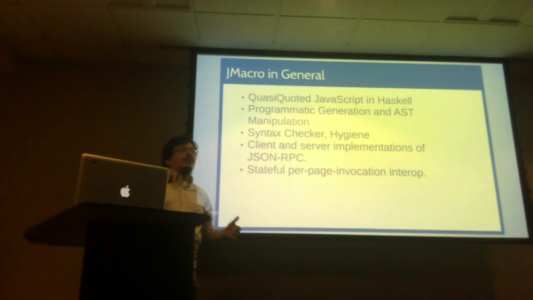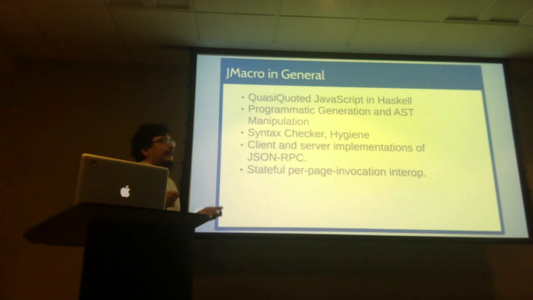So now we wrote stuff that looked a lot like JavaScript, quasi-quoted in Haskell, and we could programmatically generate it, which was cute. On top of that, we gave it a syntax so that you could write raw JavaScript and it would turn it into the right AST. You could also write JavaScript that looked a lot more like OCaml, and it turns that into the right AST too, which is very nice, and I can show some examples of that.